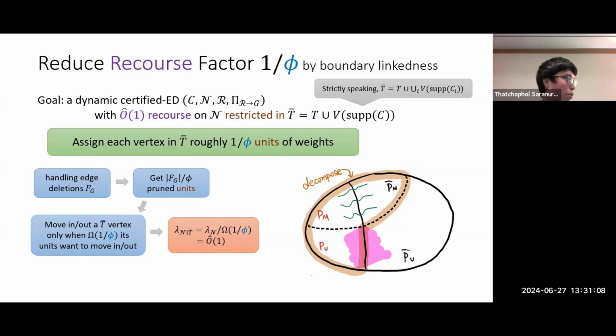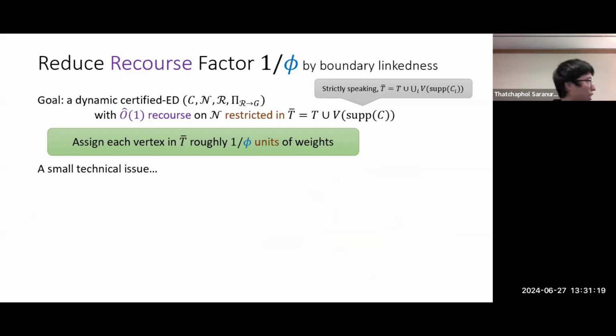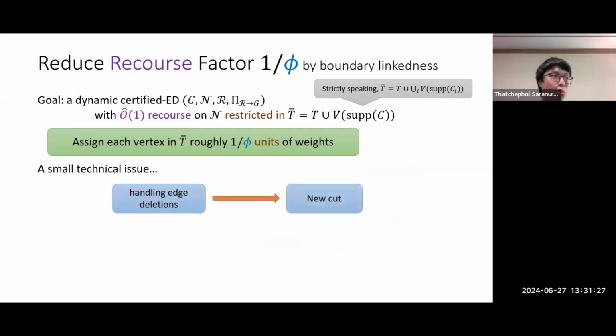And this will roughly reduce the recourse by omega 1/5. So it becomes close to constant. But there's a small technical issue. If you recall the algorithm, when handling edge deletions, this will bring us new cuts.